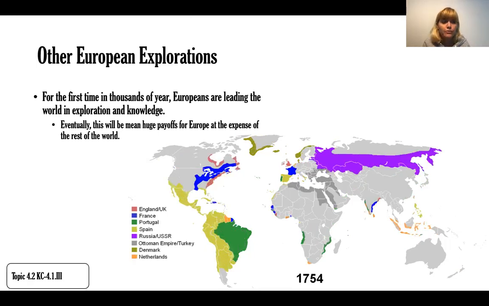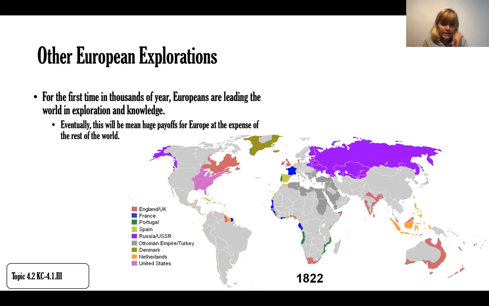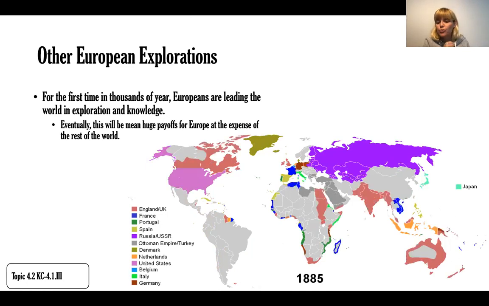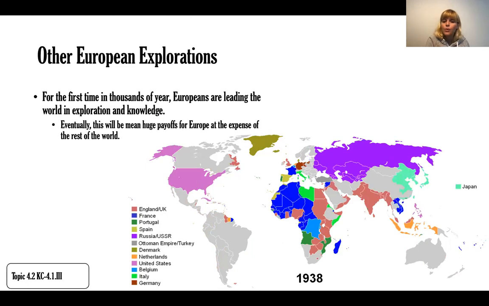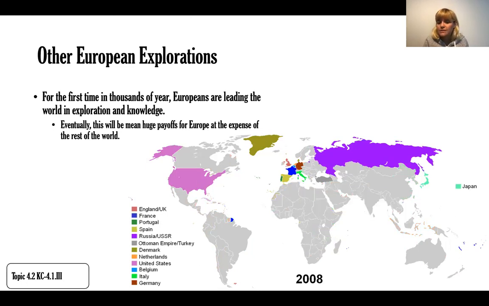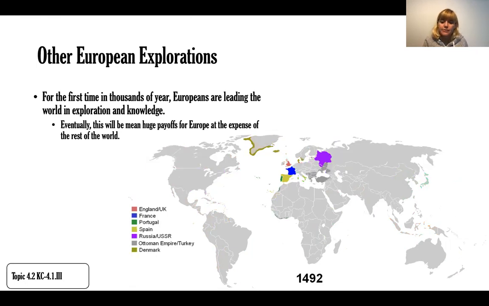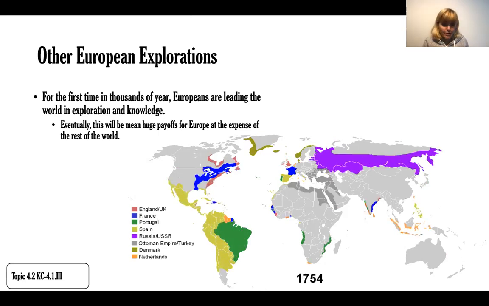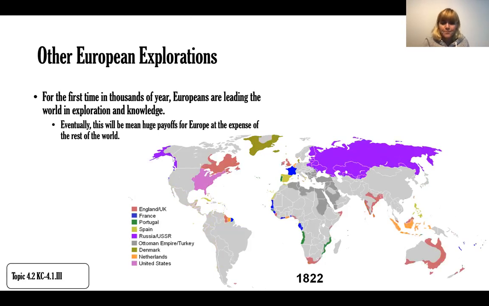Europe's going to be able to form colonies very quickly. Europe's going to be able to extract resources from these colonies, okay? So while Europe is going to get huge payoffs, the rest of the world is going to pay a high price for these European explorations. And that is pretty much the major theme of period 2, okay?